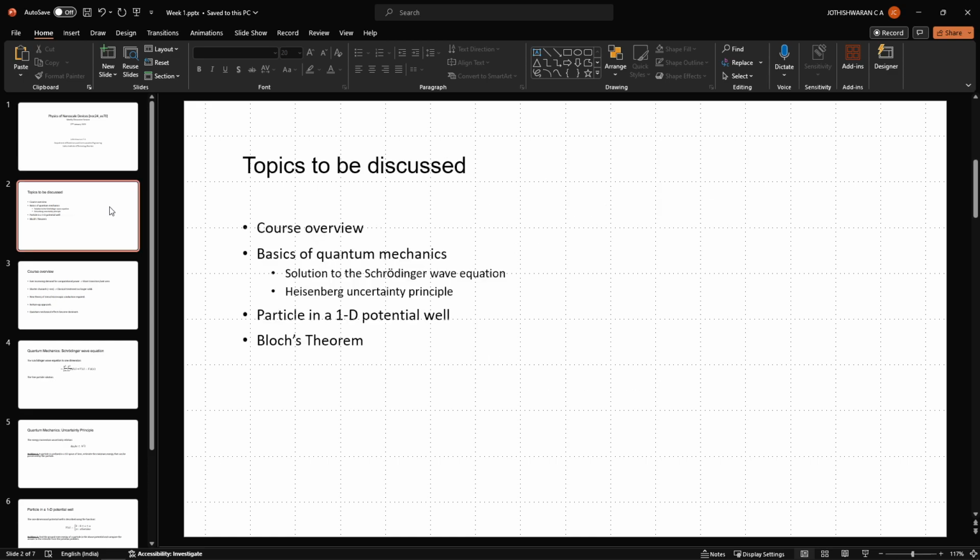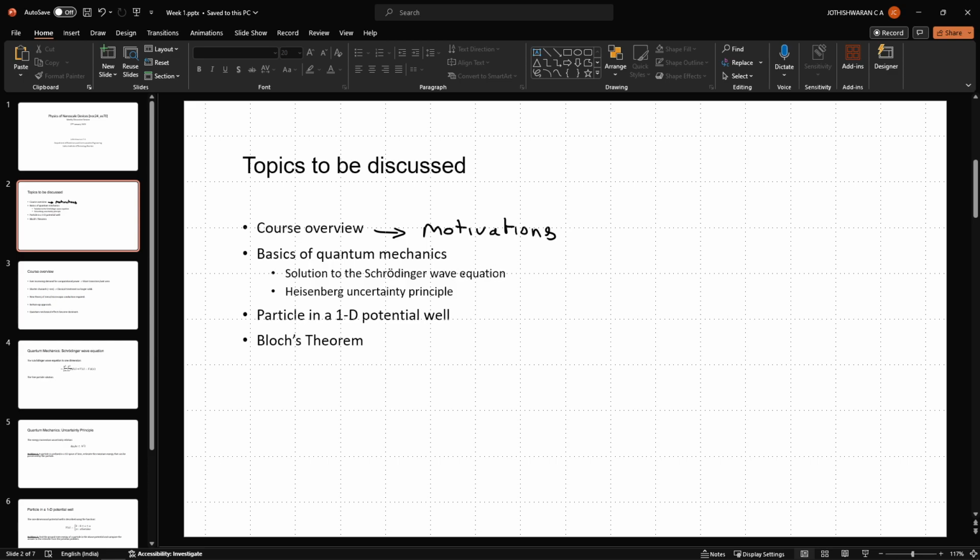So moving on, these are the topics that we shall be looking at. First, of course, we shall be looking at the motivation for our course. So, course overview. Here we shall be looking at the motivations as to why we are studying the things that we are studying. After that, we shall mention that the basics of quantum mechanics are necessary. So we'll be looking at the Schrödinger wave equation and the solution to this equation under certain particular conditions.